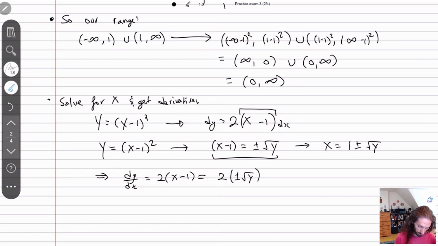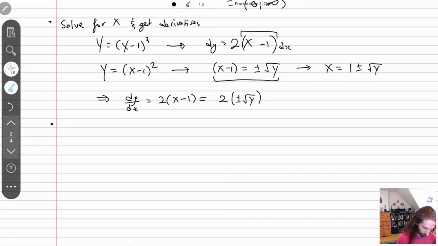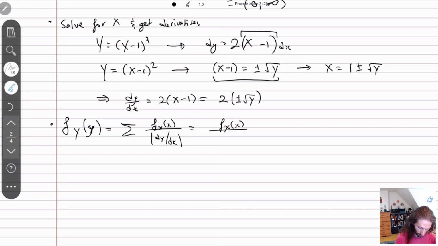Okay. And so we have this, and basically what's left is solving for the probability density formula. This, if you remember, is the sum of f sub X of x over the absolute value of dy over dx. So this is f sub X of x over minus 2 square root of y, plus f sub X of x over 2 square root of y, because we have the plus or the minus here on top.